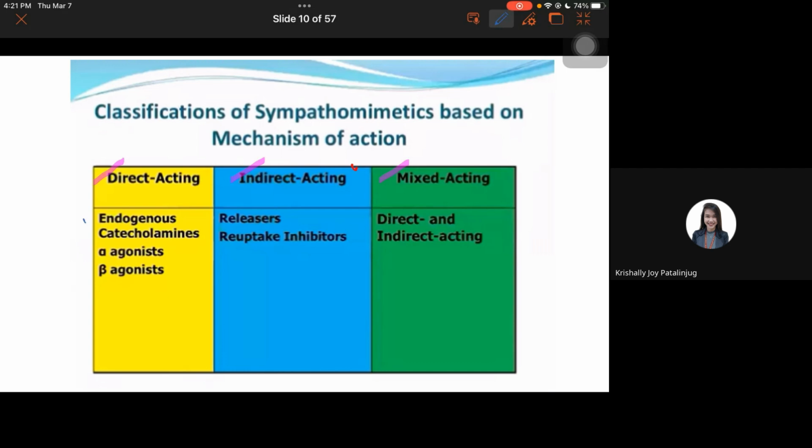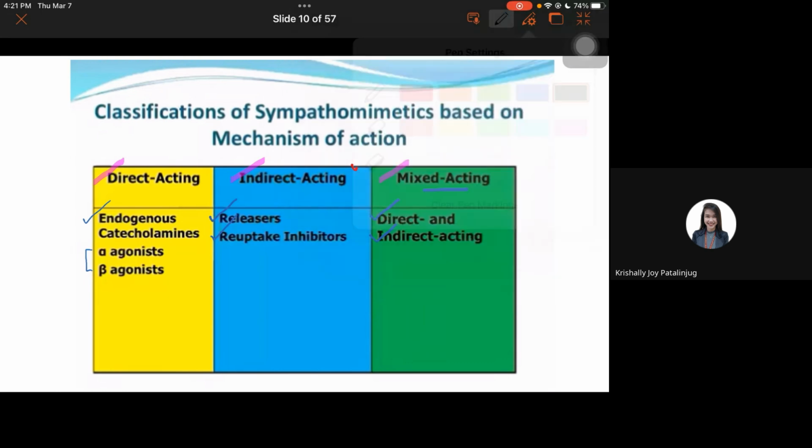We have the endogenous catecholamines under direct acting, also the alpha and beta agonists. So under yan sila sa direct acting. Then we have indirect acting, the releasers and the reuptake inhibitors. Pag mixed acting na, so combination ng dalawang na-mention. Meron silang both direct acting and indirect acting na property.